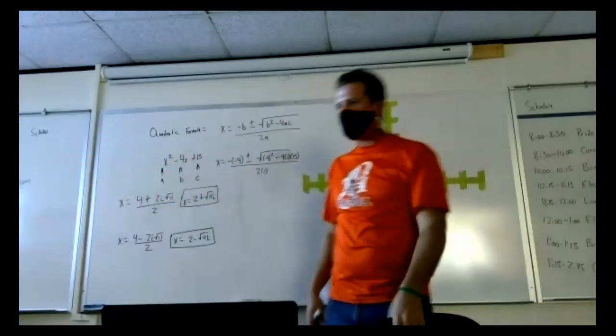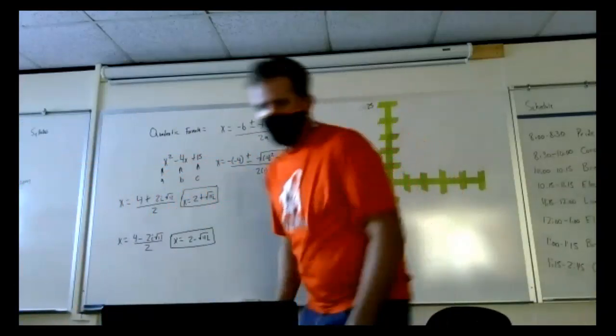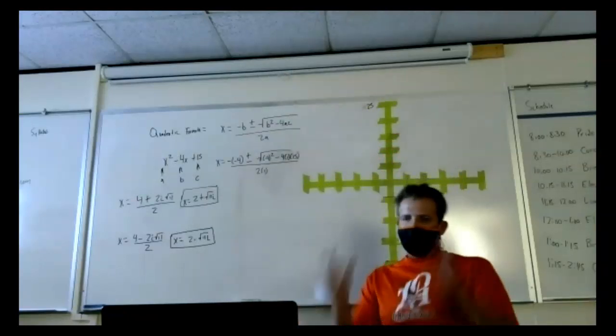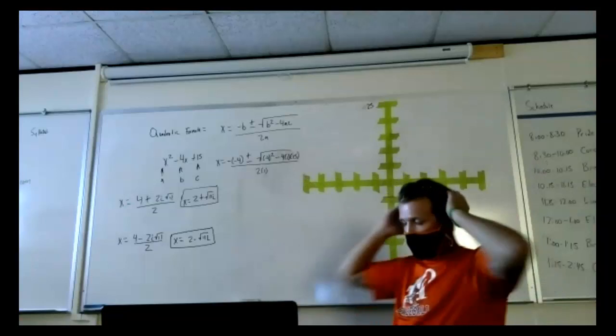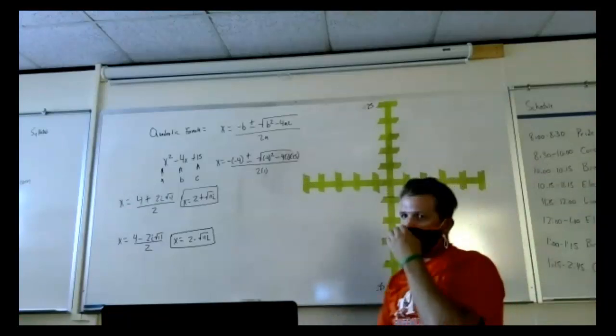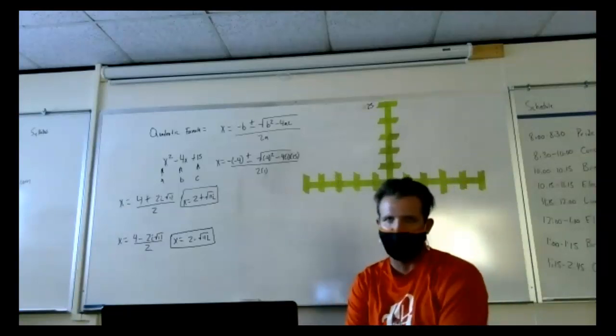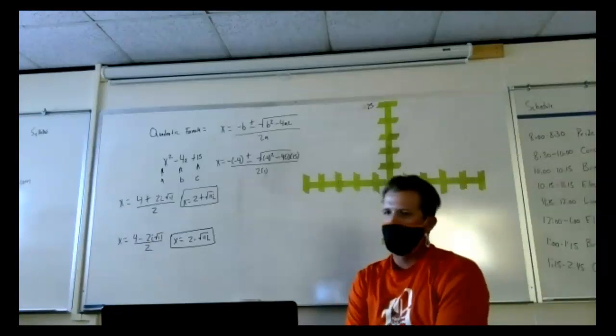In other words, these are imaginary roots. We can still find them using the quadratic equation, but they are imaginary. So in all reality, this graph does not have x-intercepts, but it can be solved.